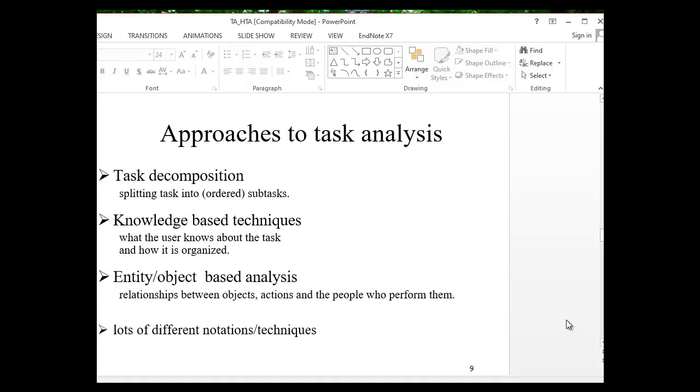Okay, so approaches to task analysis. What are the different methodologies to solve a problem? We already discussed task decomposition, and now we will learn about other task analysis methodologies. Task decomposition we already discussed, in which we divided the problem or the task into subparts or unit levels.